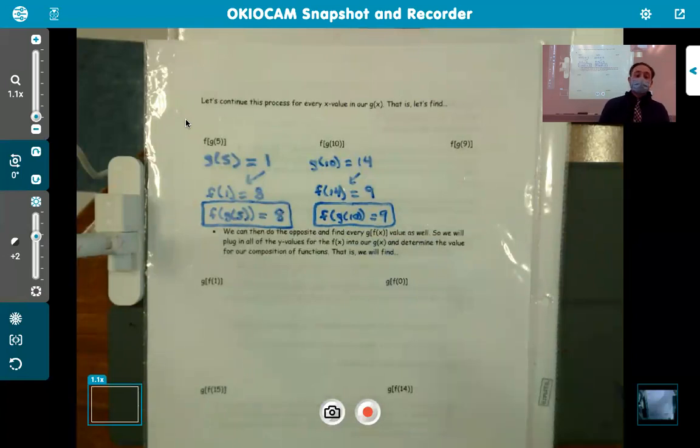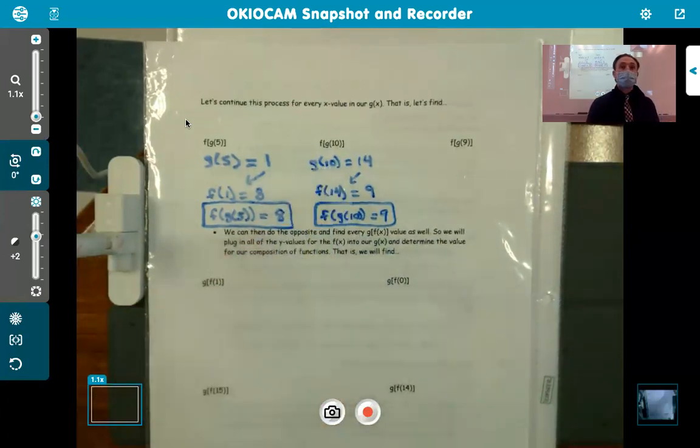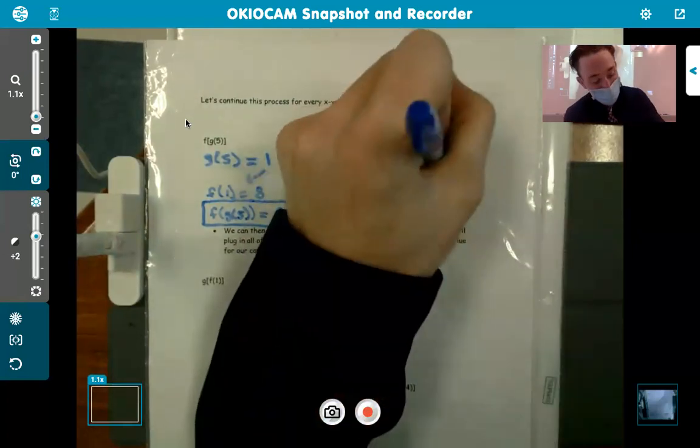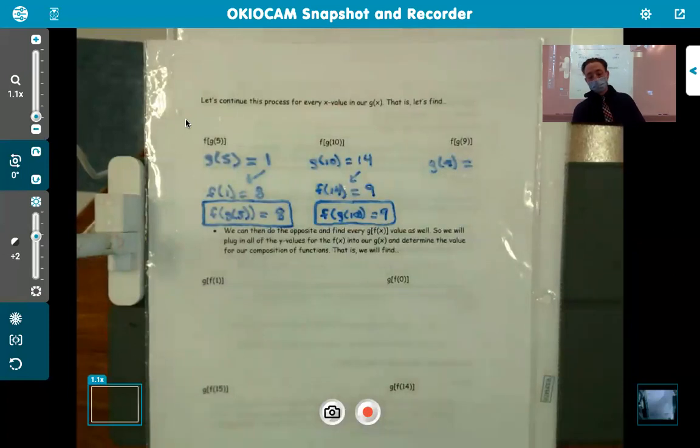Right, so you take the g of whatever's on the inside, that's where you start. And then your answer will be whatever the y value is from the outside function. Okay? So all of your answers should be a y value from f, essentially. Really good point. What's g of 9 if you look back to the first page? 0. Good.